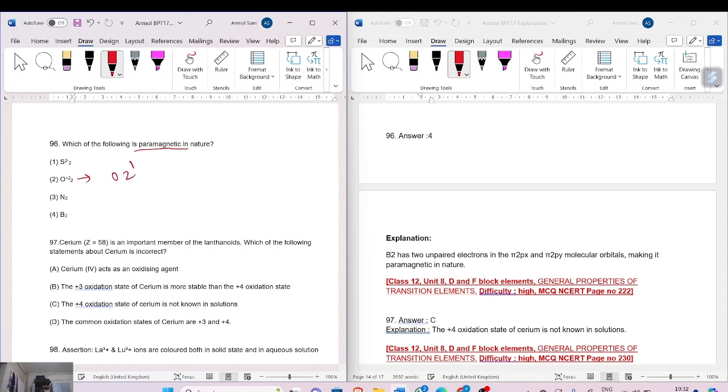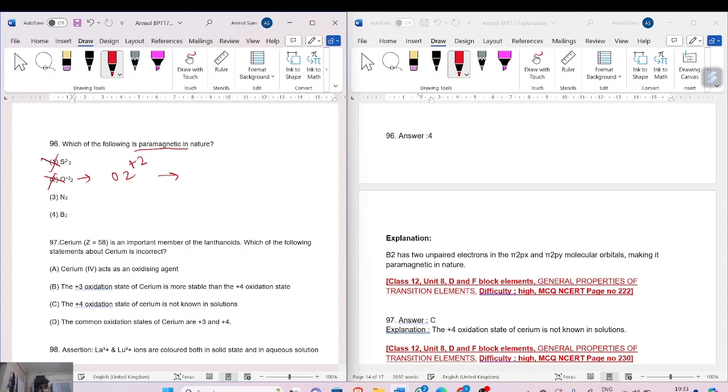O2 2 plus: oxygen here will have even number of electrons. When we remove plus 2 electron, we still have even number of electrons. When we have even number of electrons, there will be no unpaired electron, so it will not show paramagnetic behavior.